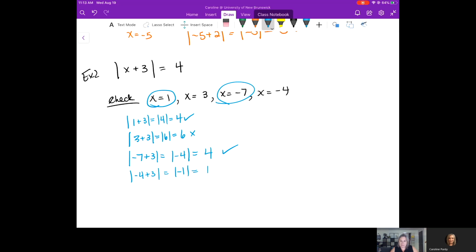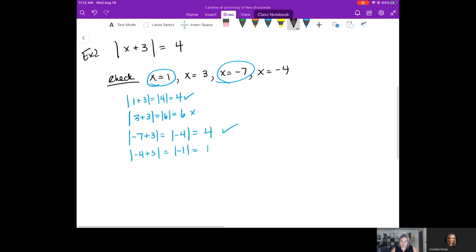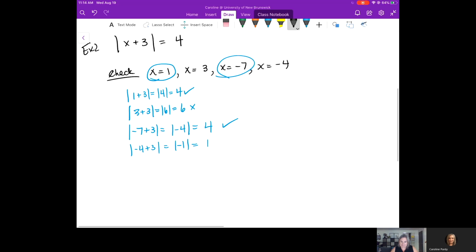But if I change that to an inequality sign, then we have more chance of these things working. So for example, if I did that same question, but let's change that to be the absolute value of x plus 3 is greater than or equal to 4.